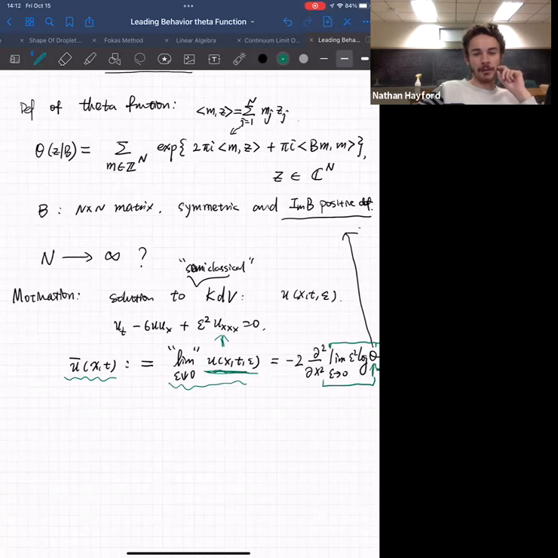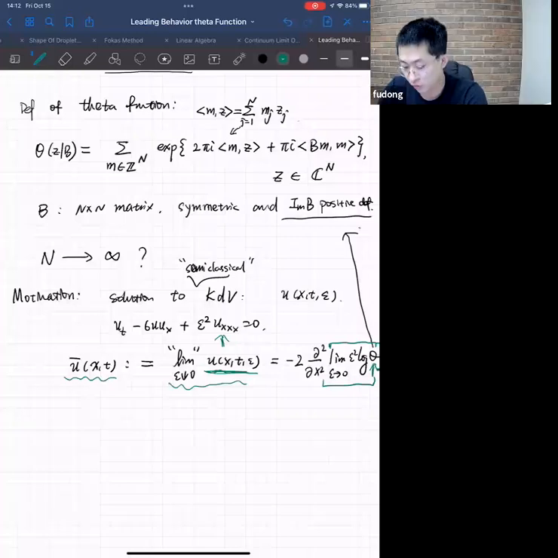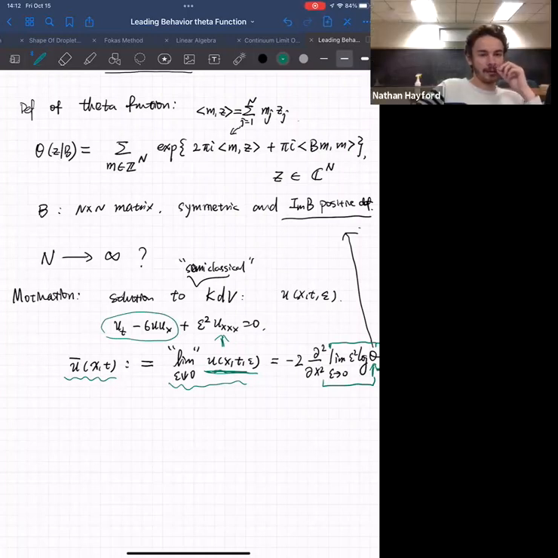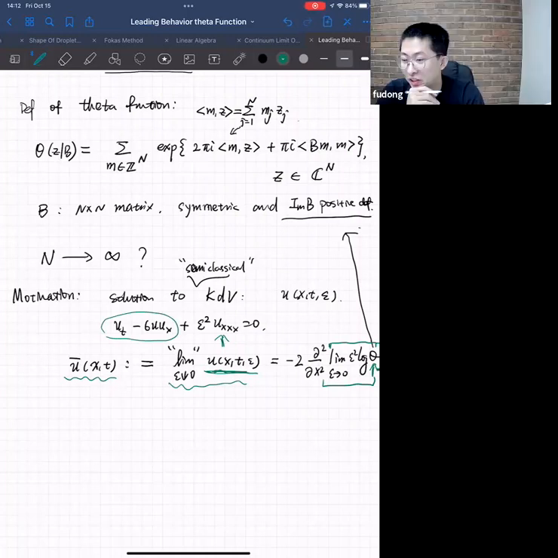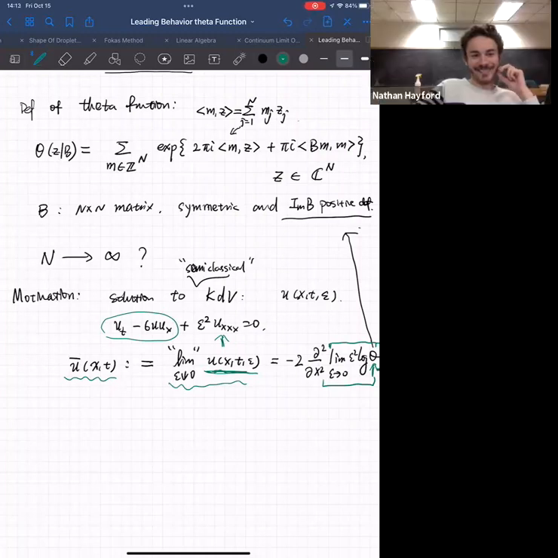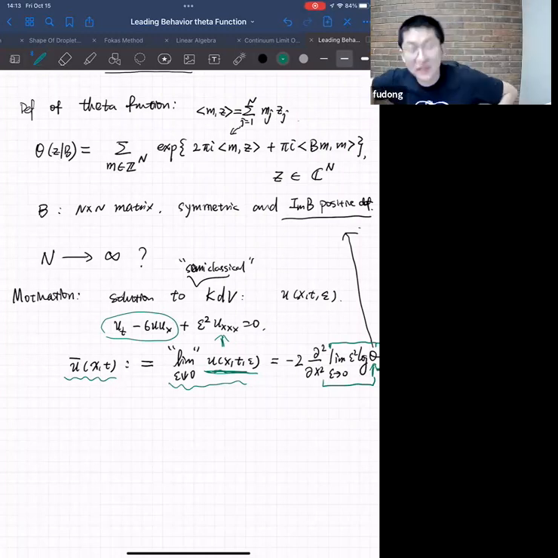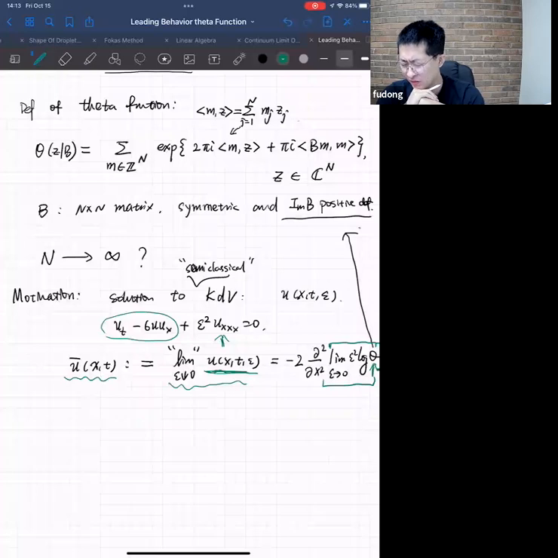You take this limit as epsilon goes to 0, and you end up with something that's not a solution to the transport equation anymore. It's Burgers' equation. It regularizes the solution, is the thing. It's a theorem developed during the 1980s. People started with Lax and Levermore, so this theory is called the Lax-Levermore theory, by the way.